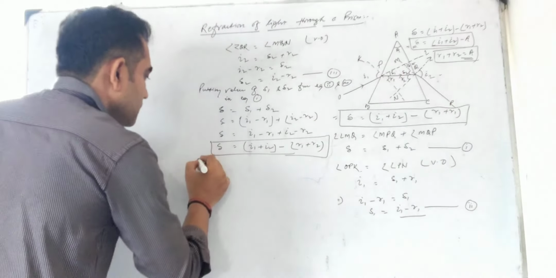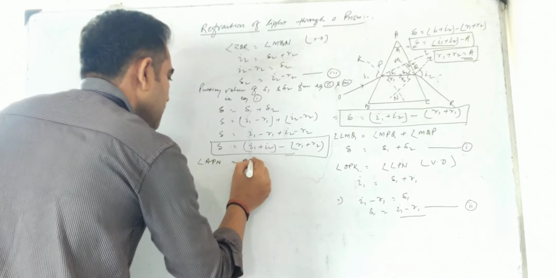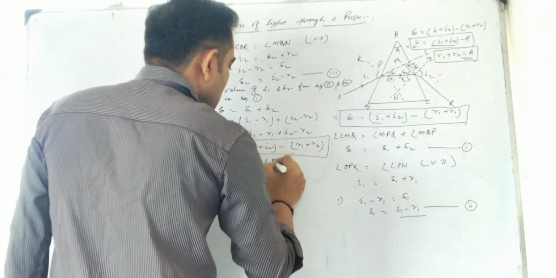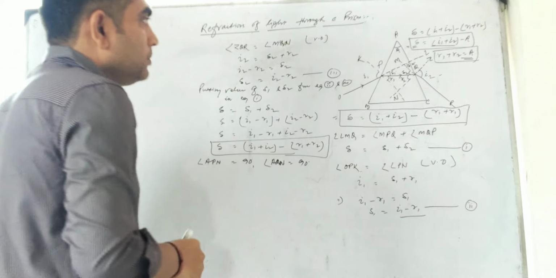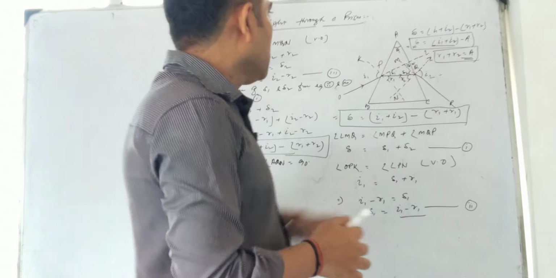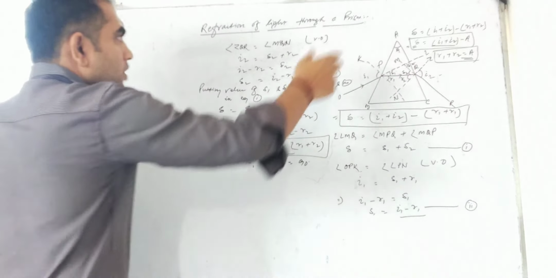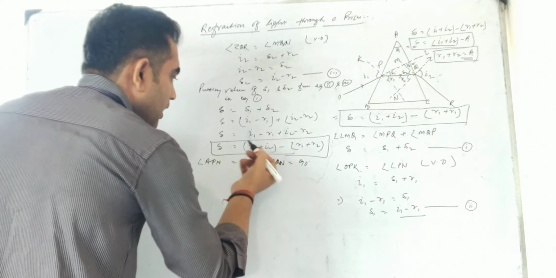So I am writing here angle APN equals 90 degrees, and angle AQN equals 90 degrees. So we got two angles.